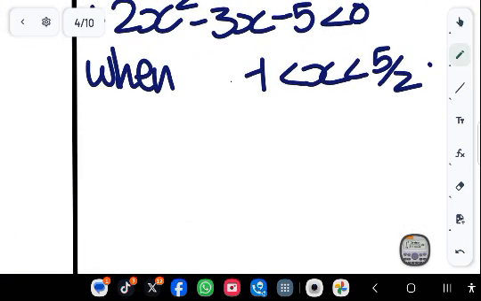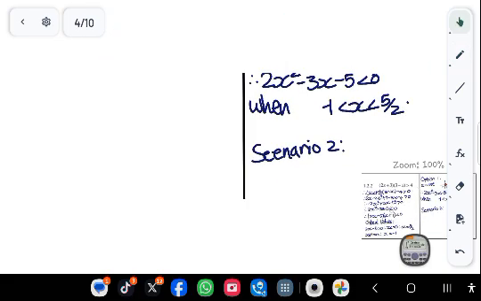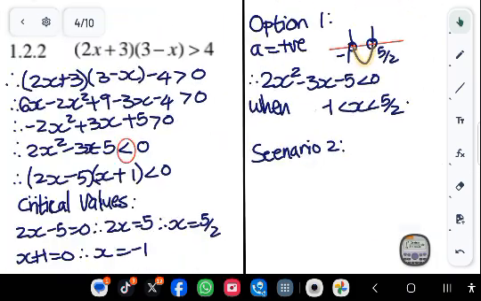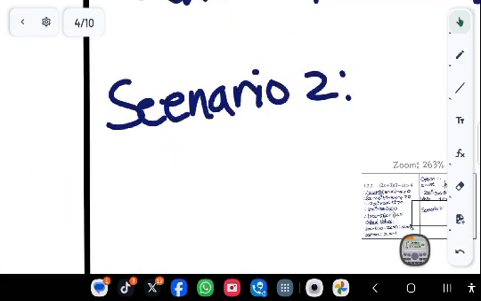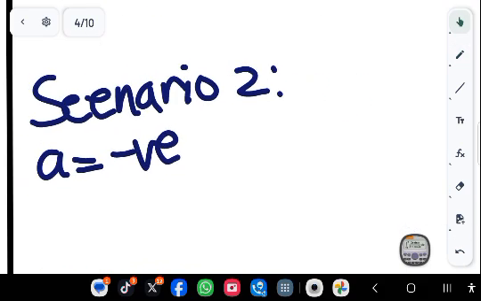Case number 2 or scenario 2 is when we take these critical values, and the coefficient A is negative, and it's equal to -2 in this case.